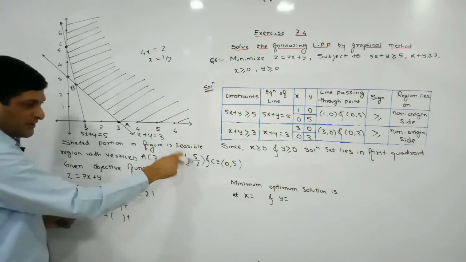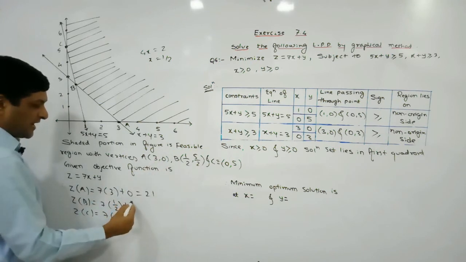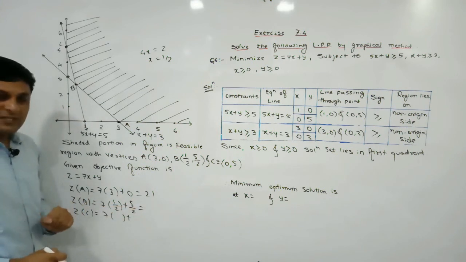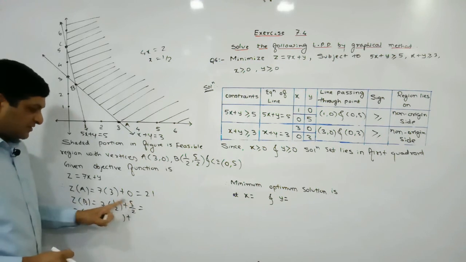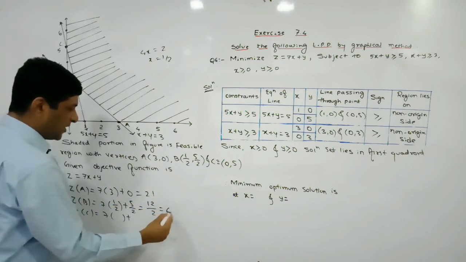Then substitute the coordinates of point B: x coordinate is 1 by 2 and y coordinate is 5 by 2. The denominators of both terms are the same, 2, so we add the numerators: 7 plus 5 equals 12. 12 upon 2 is equal to 6.